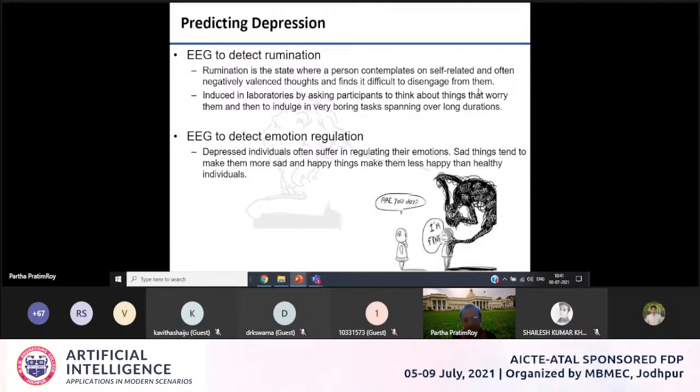She is always in negative thoughts. So can we detect these kinds of emotion? We can understand the states of these emotions from the EEG, and decode whether he is really okay or not.